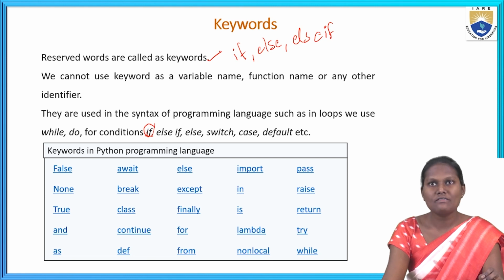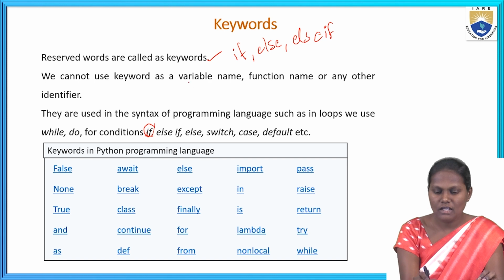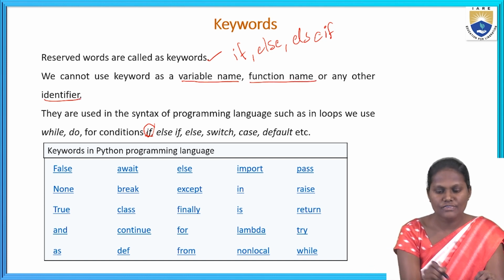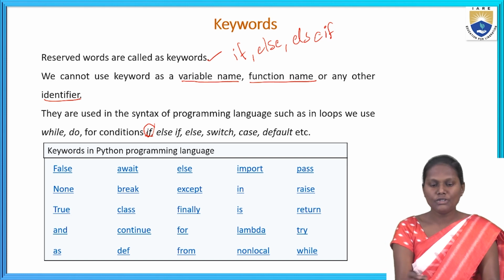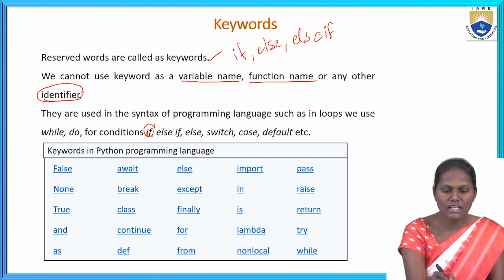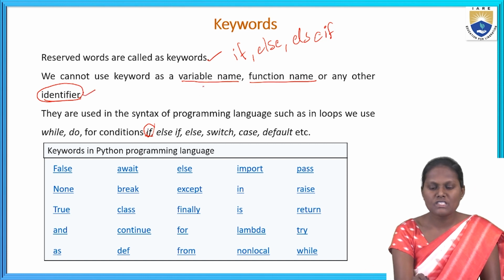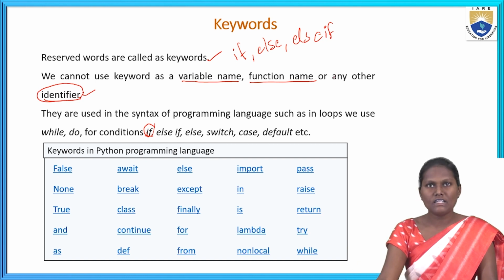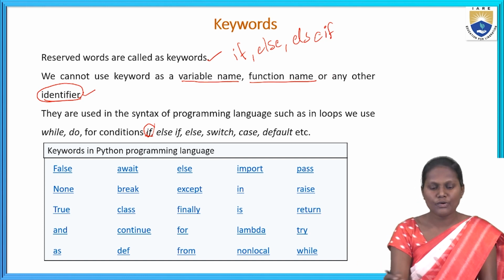We cannot use keywords as a variable name, function name, or any other identifier. So I already told you, we cannot use a keyword as an identifier, and we cannot use a variable name and function name as a keyword. Okay, next, coming to the next point, they are used in the syntax of the programming language.